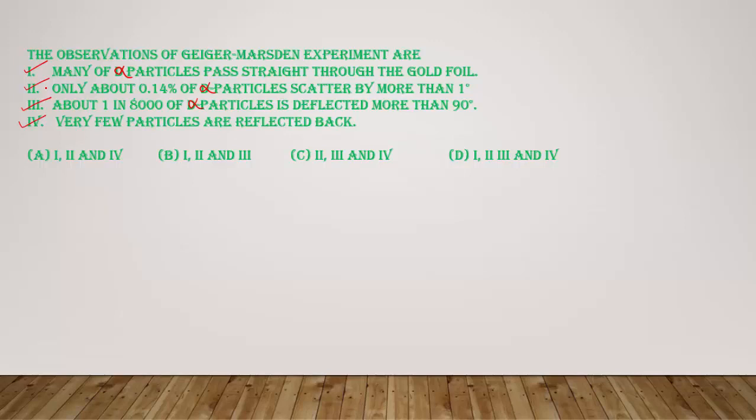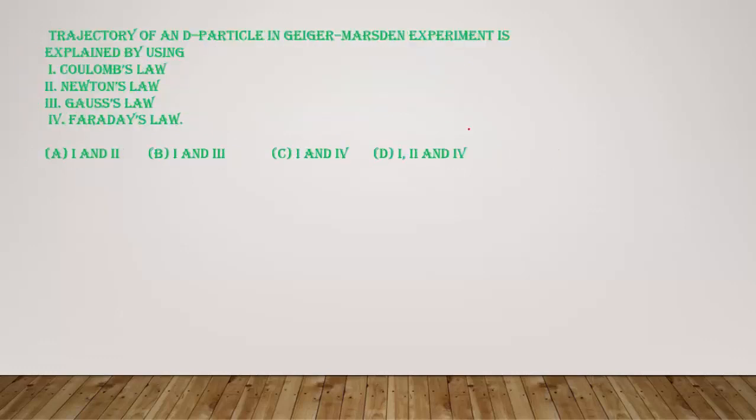All those alpha particles are collimated into a single fine beam with the help of a slit, and most of the alpha particles fall on the gold foil and easily pass through it. Only about 0.14% of alpha particles are scattered more than 1 degree, and about 1 in 8,000 alpha particles are deflected more than 90 degree. Very few particles are reflected back. Here, option D is the right answer.